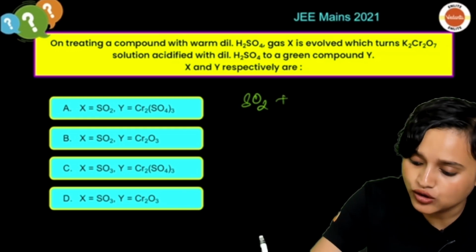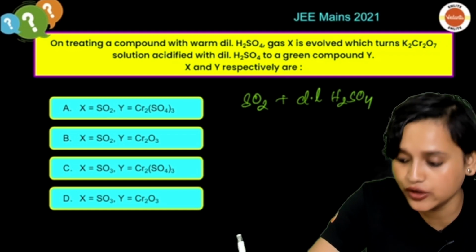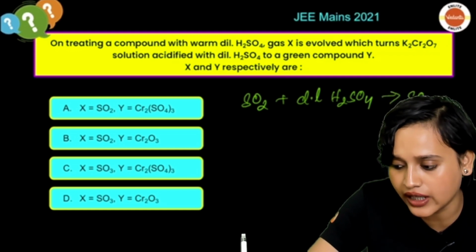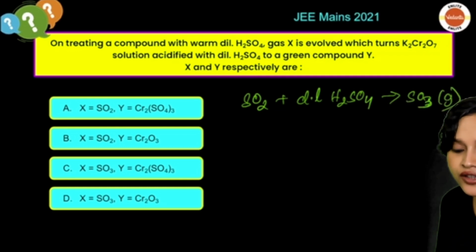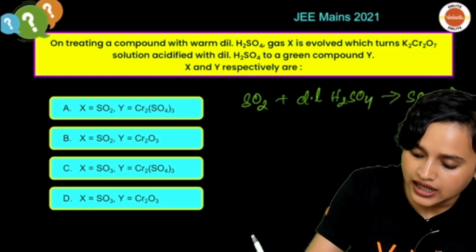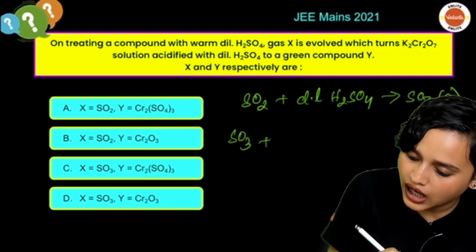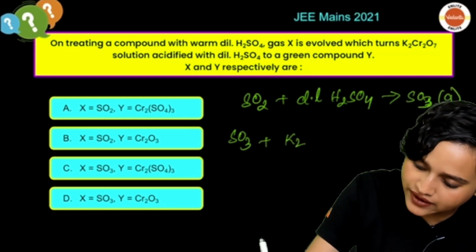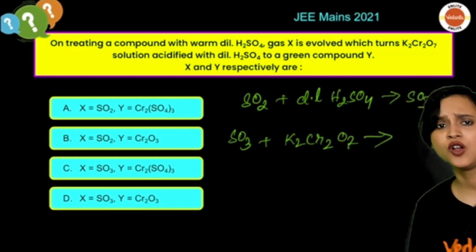SO2 plus dilute H2SO4, when you add, what do you get? You get SO3 gas. Correct. Now, if you take this SO3 plus if you add K2Cr2O7, what will you get?